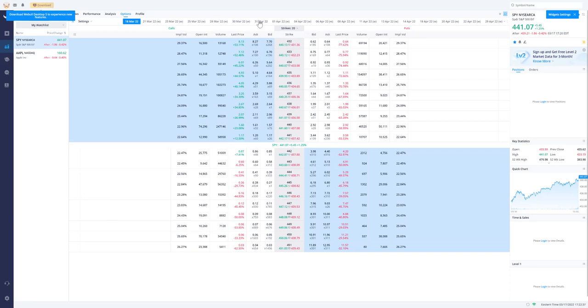But the further you go out in dates, the less volatile they are. Here you can see the gains really aren't as big as the ones for tomorrow, but they reflect how far out you go in terms of expiry. It's less risk the further out you go.